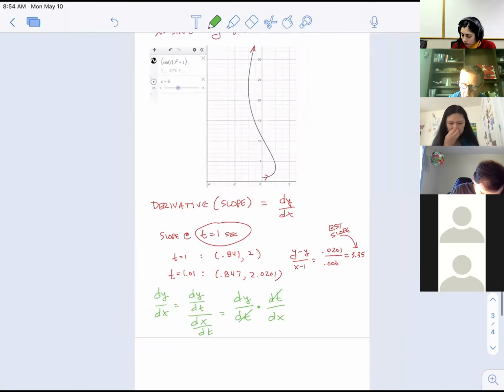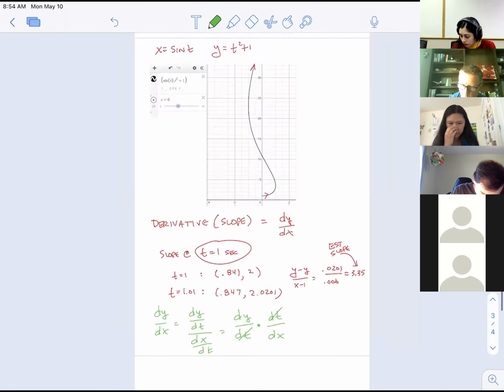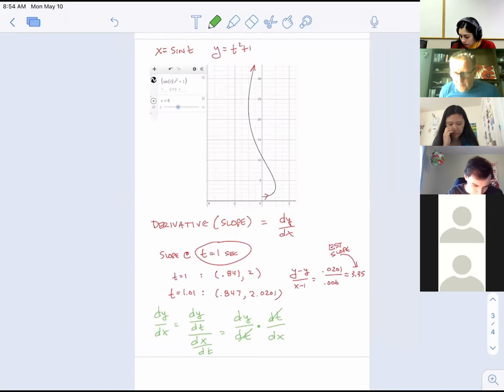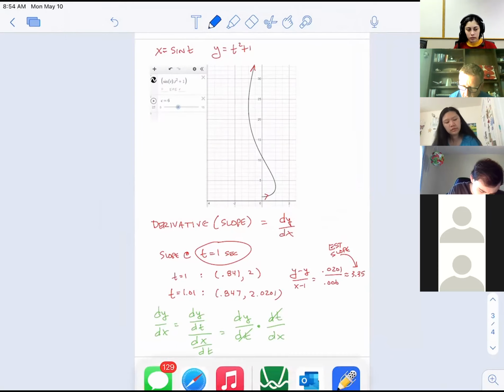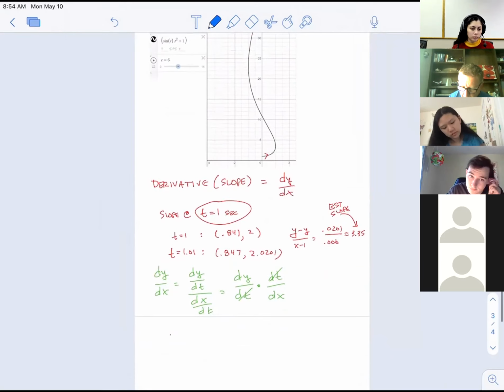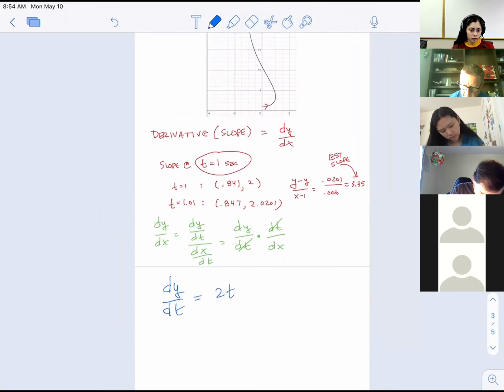Since our equation was y equals t squared plus 1, isn't dy/dt equal to 2t plus nothing? And since x was sine, the derivative of sine is cosine.